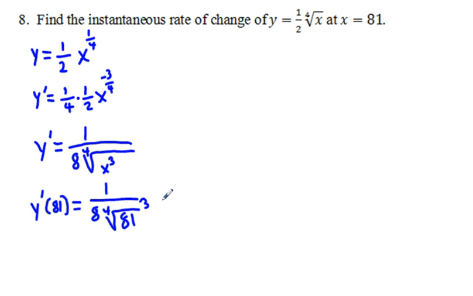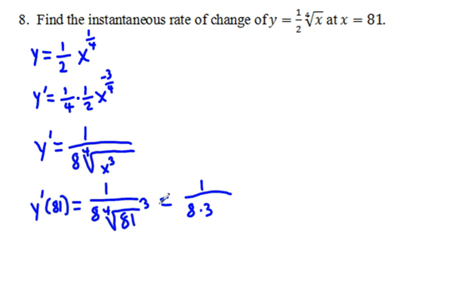Okay. Well, the fourth root of 81 is what number do you multiply by itself 4 times? What times what times what times what? The same number will equal 81. Well, we know that 3 squared is 9, 3 cubed is 27, and 3 to the 4th power is 81. So the fourth root of 81 is going to be 3.